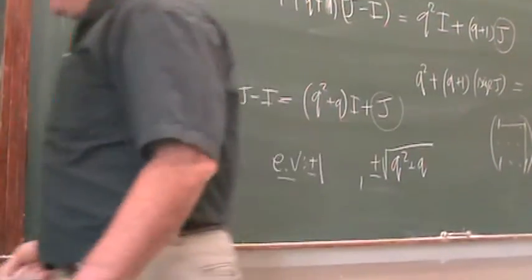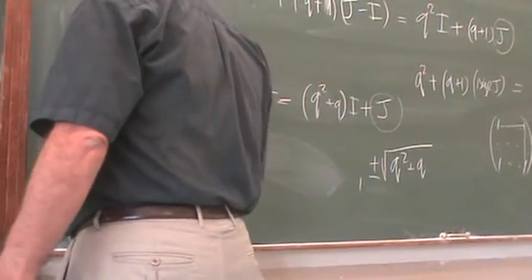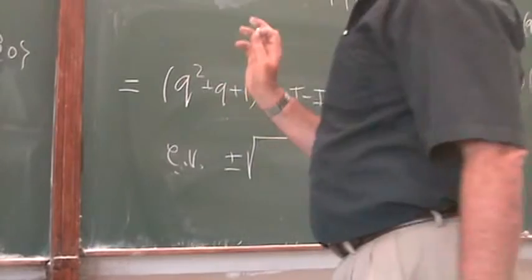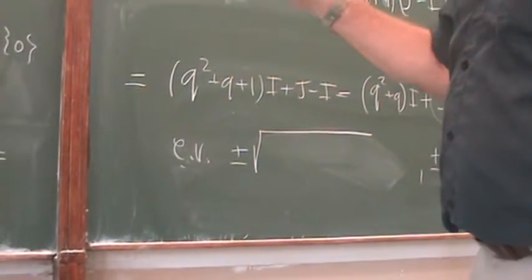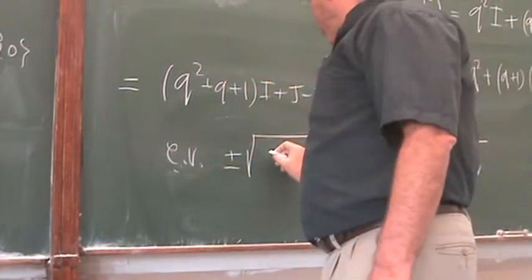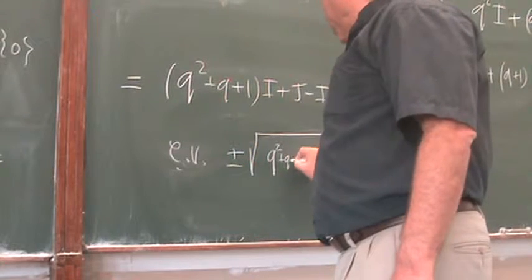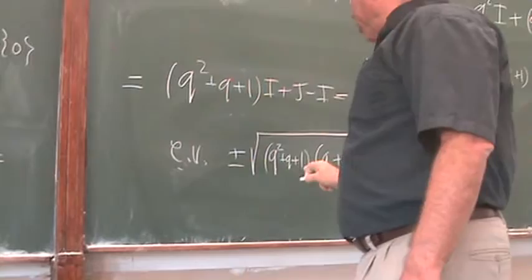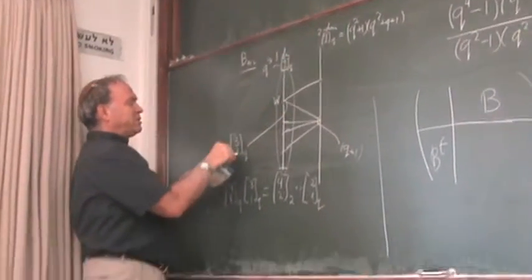Let me put more space here because we need more space. The eigenvalues will be plus minus the square root of what? Let's write precisely: the degree of one side times the degree of the other side. What is the degree of one side? It is 3 over 1 q, which is q squared plus q plus 1, the number of subspaces of dimension 1 inside dimension 2.